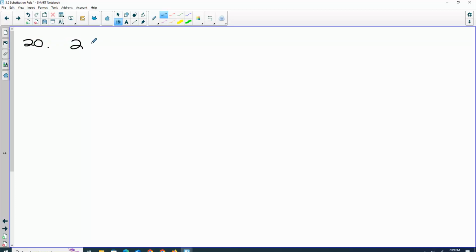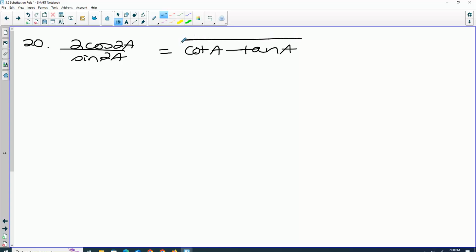So on problem 20. Which side did you box in? I definitely agree. When I look at these, what I look at right now is, oh, these are 2A's and these are just A's. As soon as you see that 2A, you need to be looking at your double angle formulas.